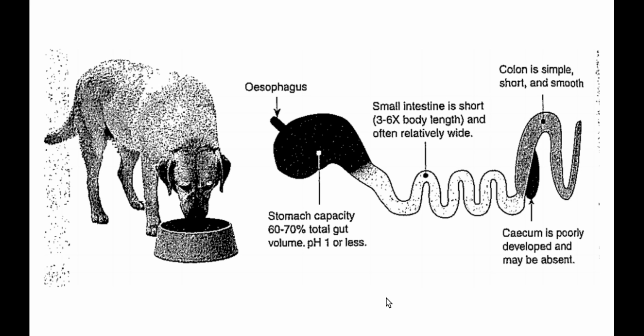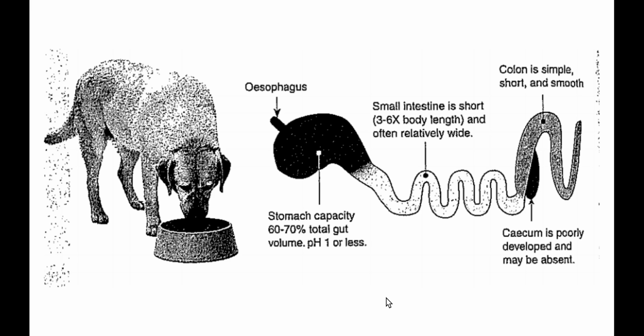The small intestine is short, only 3 to 6 times the body length and often relatively wide. We saw that the kangaroo's small intestine was 10 to 12 times its overall length. So we can automatically see that there's a huge difference in the relative length between a herbivore's and a carnivore's digestive system.